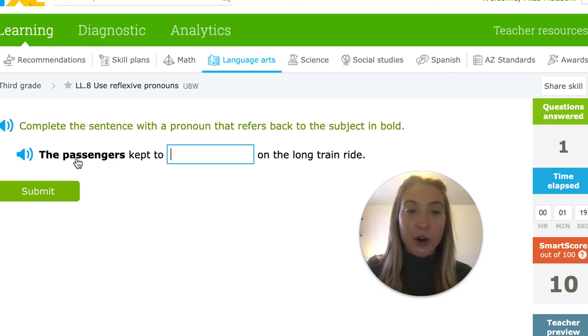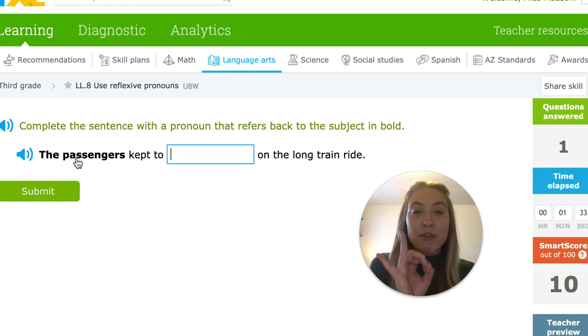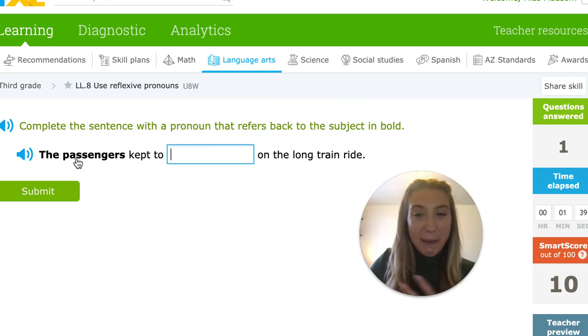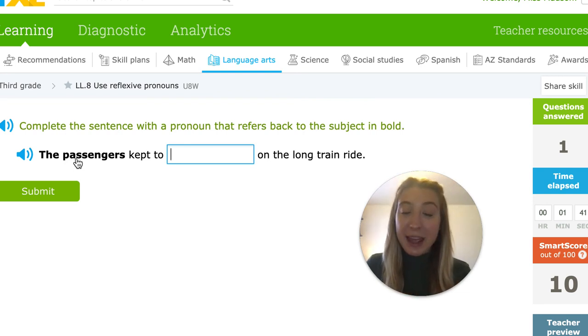That's how we know that it is plural, unless it's irregular. But this one's not irregular, it ends in an S. So we're talking about more than one. So now I know that I'm either using the reflexive pronouns yourselves, ourselves, or themselves. I use ourselves when I'm talking about me and someone else, but this is just them. I'm not included, so I'm using themselves.